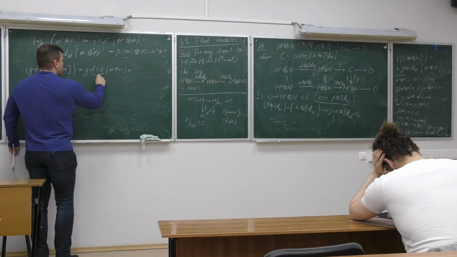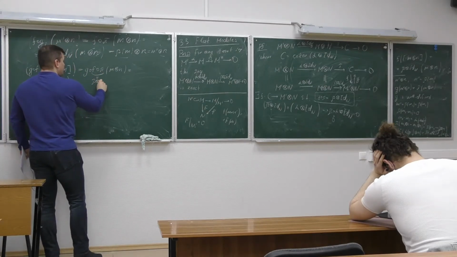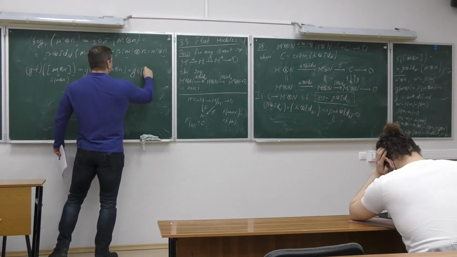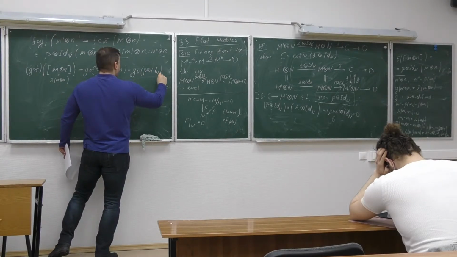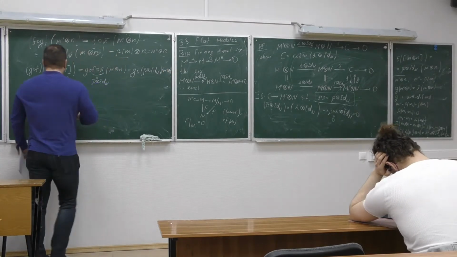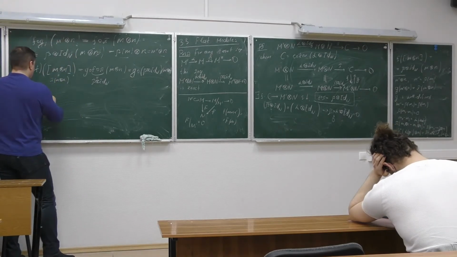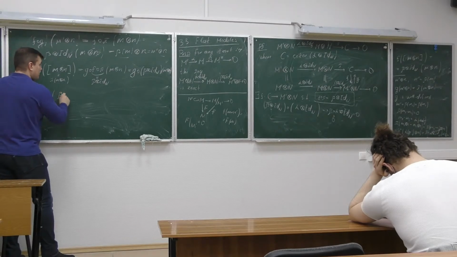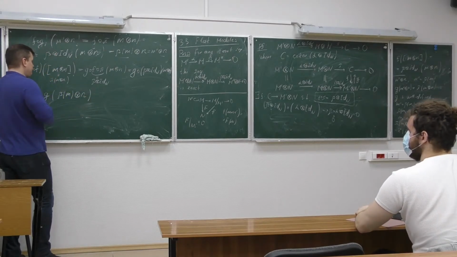Now this composition is the same thing as beta and the identity on n. So this is g composed with beta tensor identity on n applied to the simple tensor m n. So this will be g that I need to apply to beta of m times n.